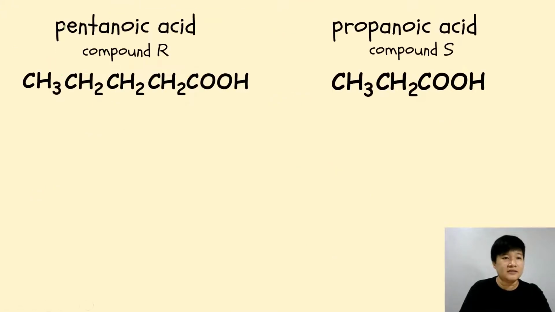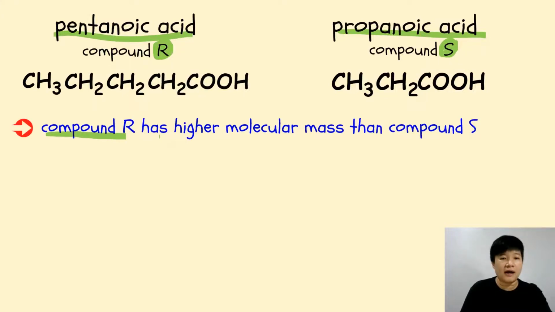My butanoic acid right now is named as compound R. My propanoic acid right now is named as compound S. So the first point will be, the compound R has a higher molecular mass than my compound S, obviously because the number of carbon is higher.